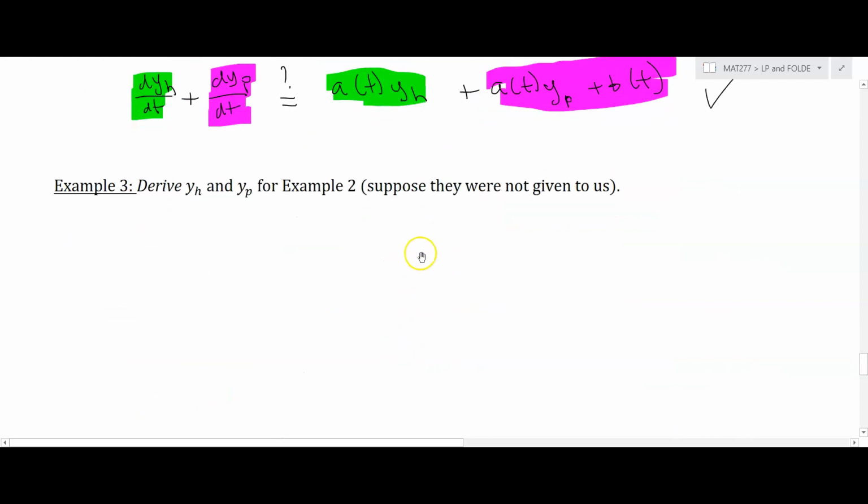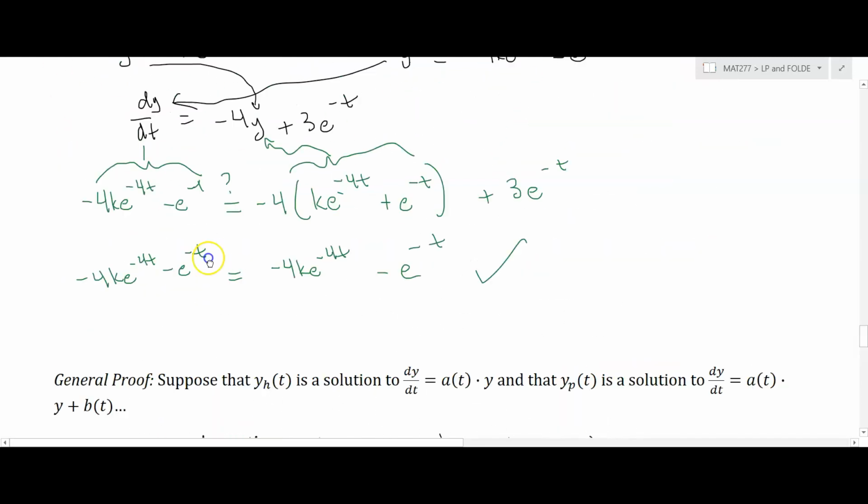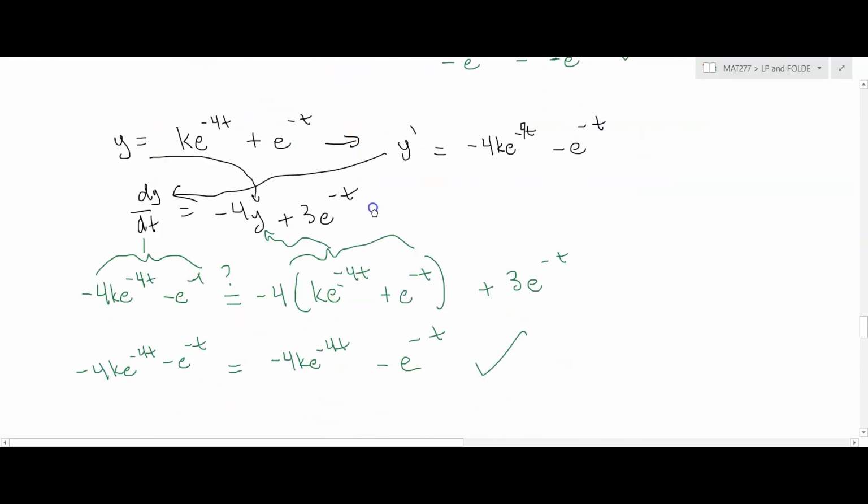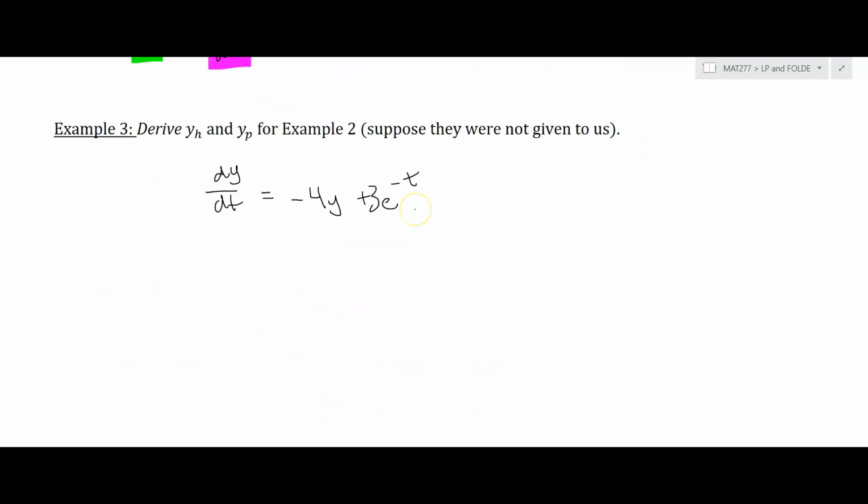Okay, so for example 2, we had the equation dy/dt equals negative 4y plus e to the negative t. That was the equation that we wanted to solve. Now the process in doing this is to first of all find y sub h.